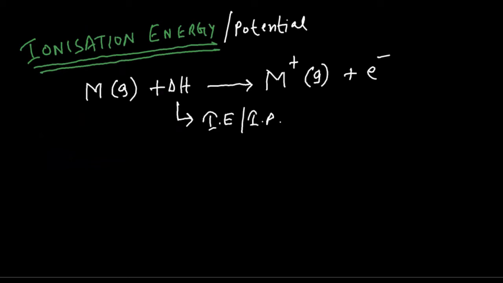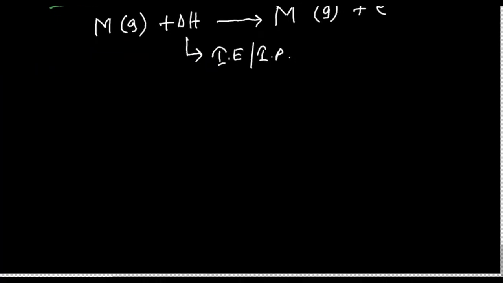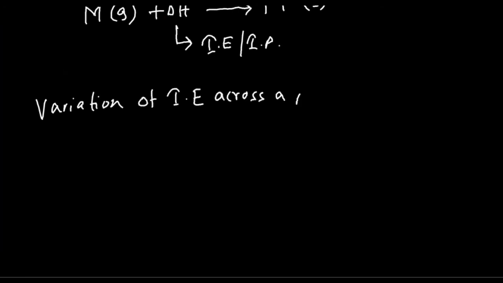Now we will see how this ionization energy varies across the period and down the group, right? So, variation of IE across a period.